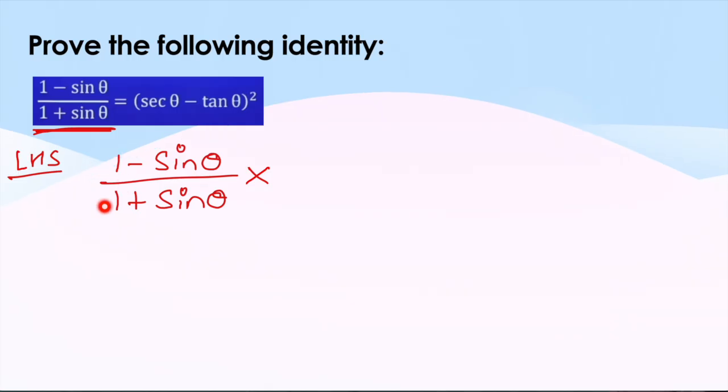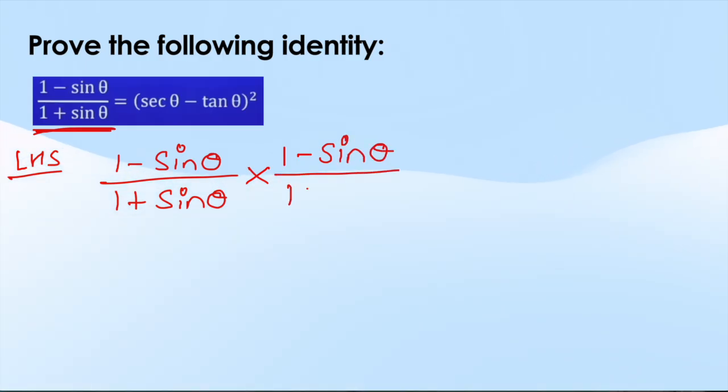We want to make this denominator a solvable thing, right? So it will form a formula a plus b, a minus b. So we change the sign in order to use this formula a plus b into a minus b. So here what I will do, I will multiply the numerator with 1 minus sine theta and the denominator also with the same thing. Clear?